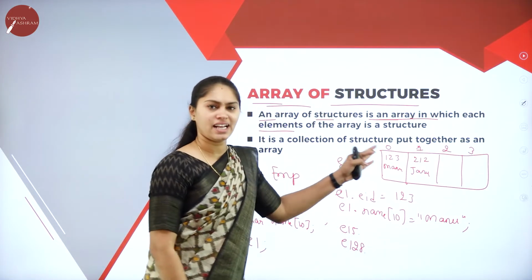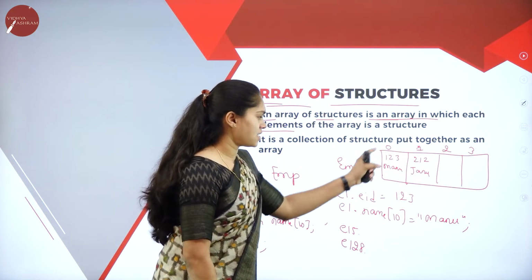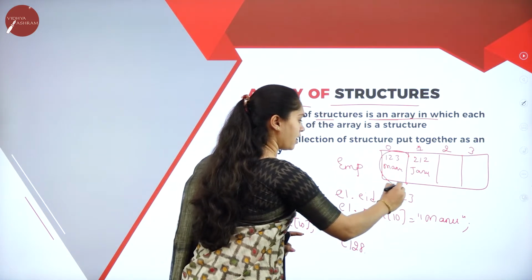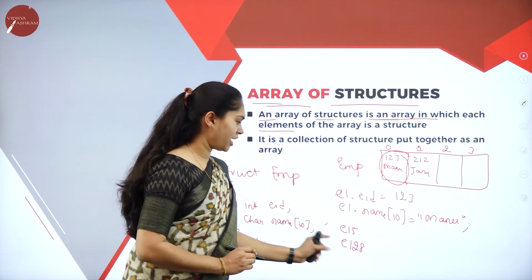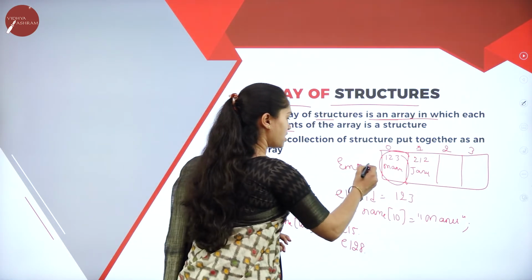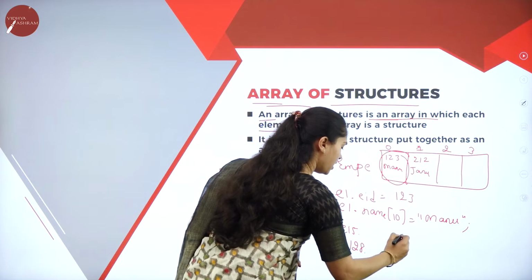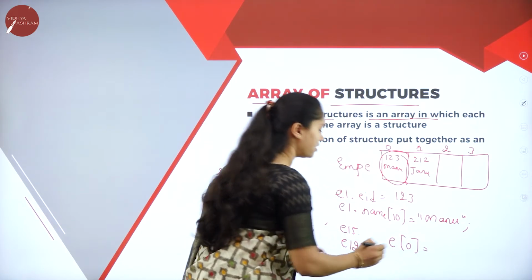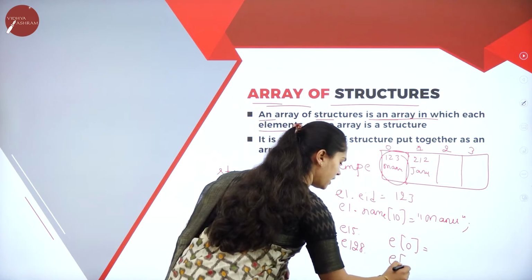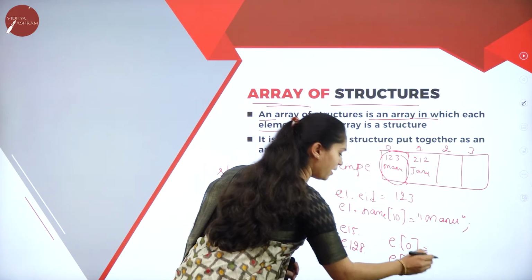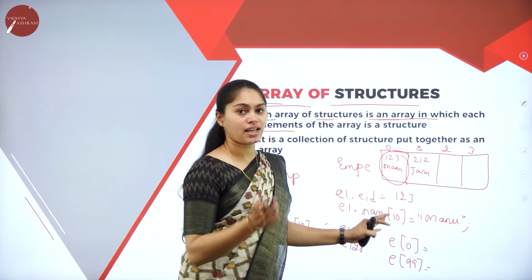So what it indicates here is that a single element of an array will hold my complete structure. So there is no need to create these separately. If I am using E, then E of 0 indicates the complete content of employee 1, and E of 99 will give me the complete content of the 100th employee.